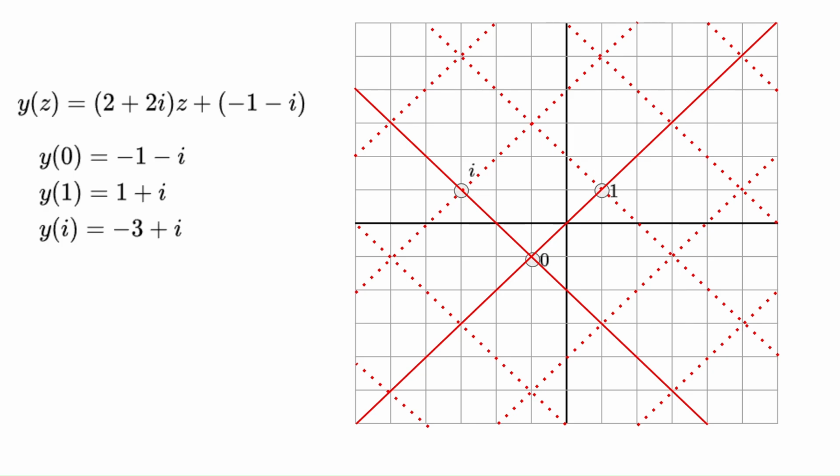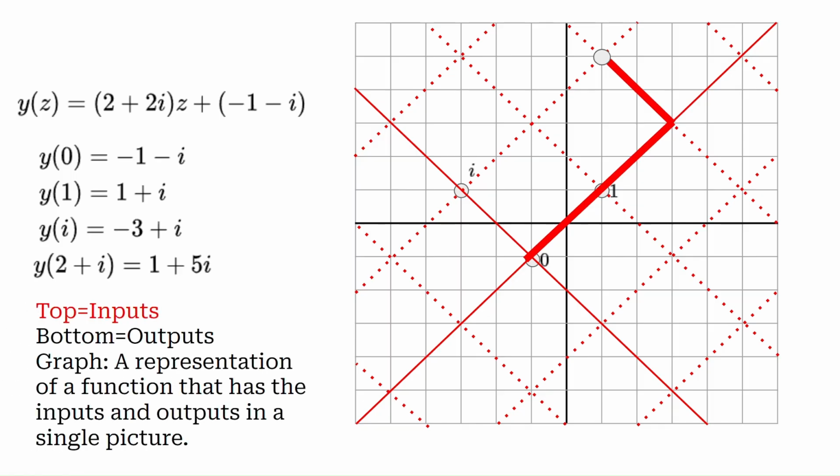But what if we want to see where something like 2 plus i is mapped? Well, we would go along 2 on the top grid and up 1i on the top grid and see where we are on the bottom grid. And as we can see, both geometrically and algebraically, it's 1 plus 5i. So, if a graph is a single picture that captures both the inputs and outputs, then that's what this is.